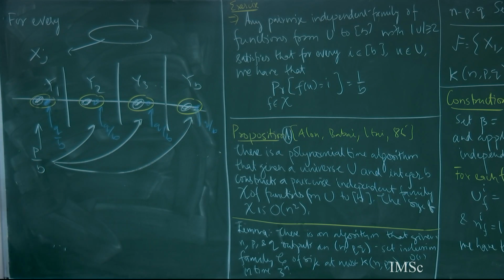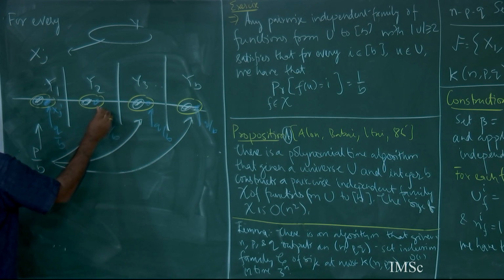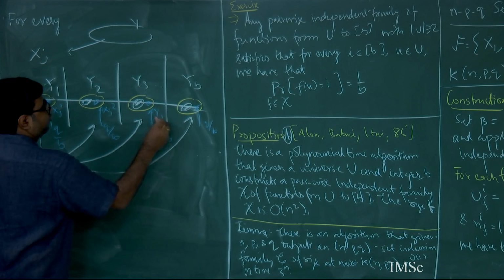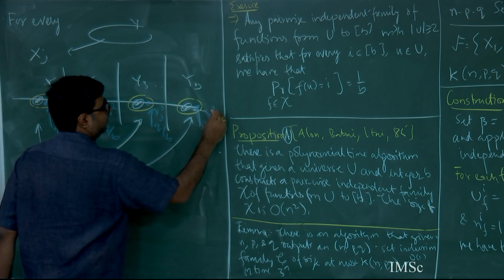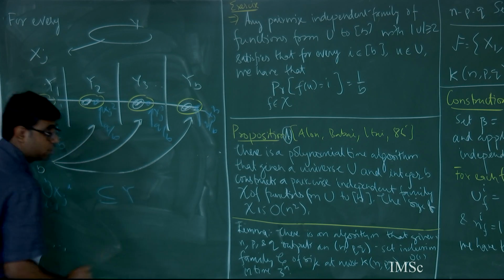Then I'm saying, look, I'm not interested in covering you completely here. You will be covered together when I take, for example, here I will cover some xj1, xj2, xj3, dot dot dot xjb, right? So the covering object for y will be the union of xji. This will be part of y. This is what I'll try to prove.